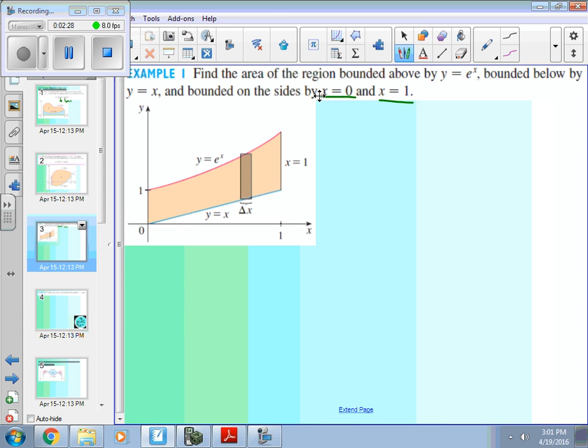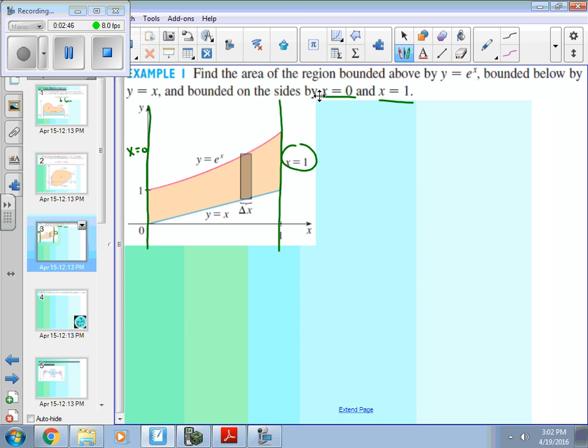Well, you've graphed x equals lines before. Those are vertical lines. So x equals 0 would be this line. x equals 1 would be this line. So it's basically just chopping off the graphs at those 2 points.